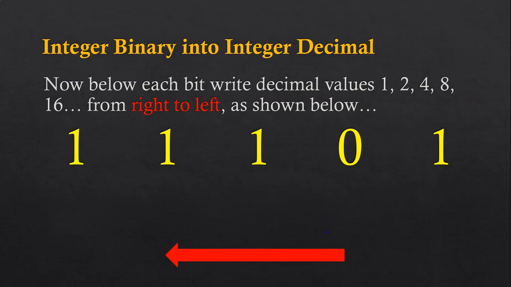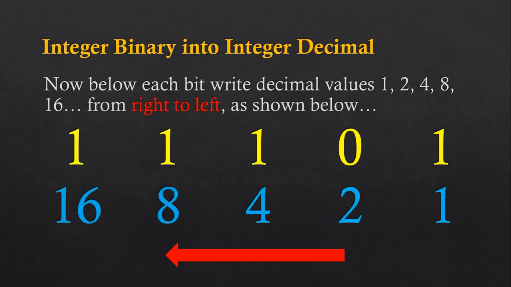First we write the binary number. Then we write the decimal values 1, 2, 4, 8, 16, 32, 64, 128 like that from right to left. So I write first 1 as the decimal value below the LSB. Then I write 2 below the second LSB. Then 4, then 8, then 16.